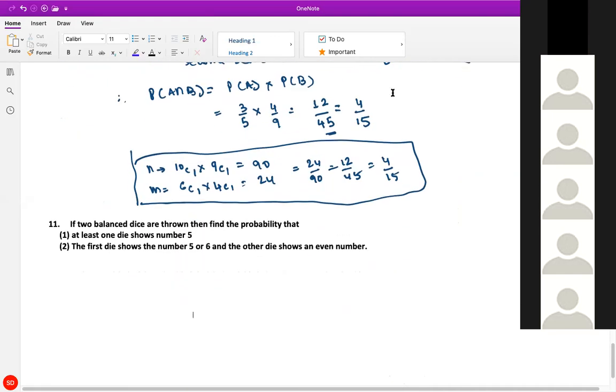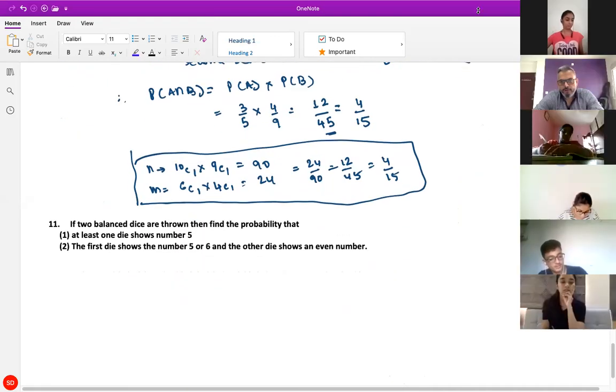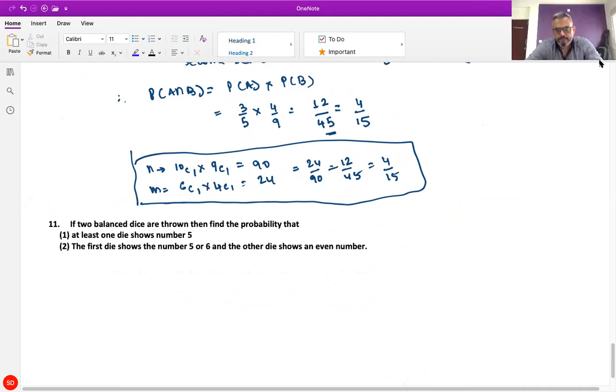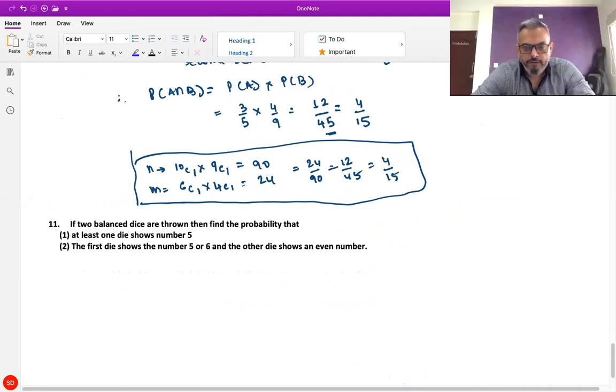Okay, now let's go to question number 11. It's a very easy one. Okay, you can also do it on your own. Now, if two balanced dice are thrown, then find the probability that at least one die show number 5, यानी दोनों में से कोई भी एक में नंबर 5 आना चाहिए.